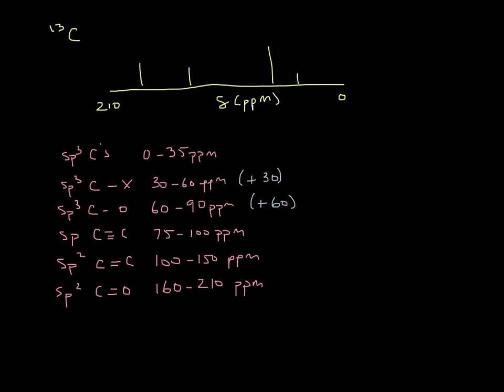Lastly is splitting, and remember that has to do with hydrogen neighbors. Well, carbon neighbors would be incredibly rare for a carbon-13 to be next to a carbon-13. The chances of a carbon-13 are 1%. The chances of two carbon-13s being next to each other is 0.01%. So really that never happens, and so we don't actually have any splitting to worry about.